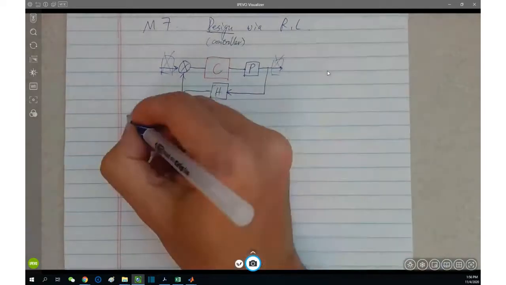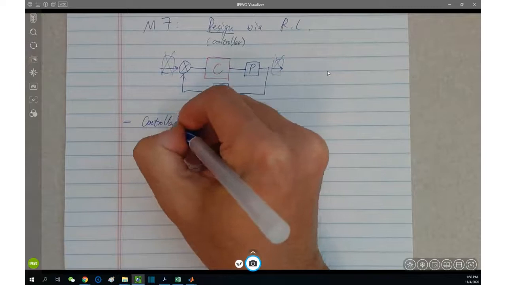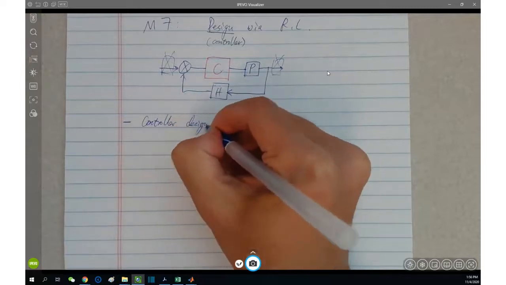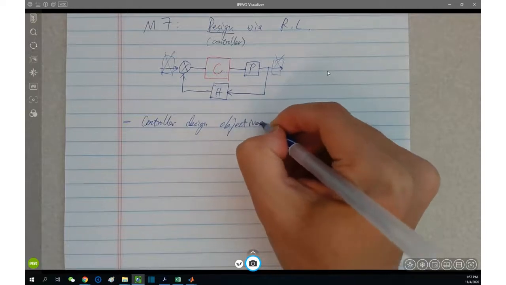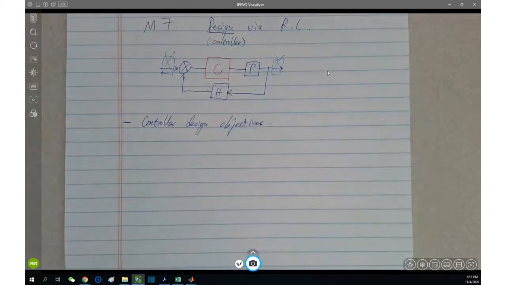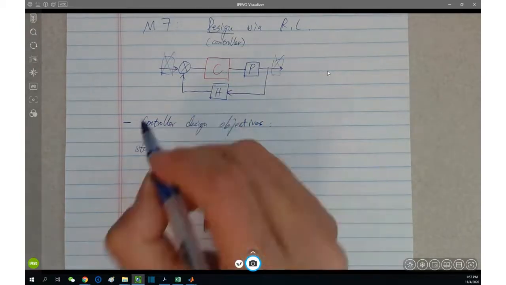First, we need to understand the controller design objectives. What objectives are we trying to achieve? Remember those three things. The first priority is stability, right?